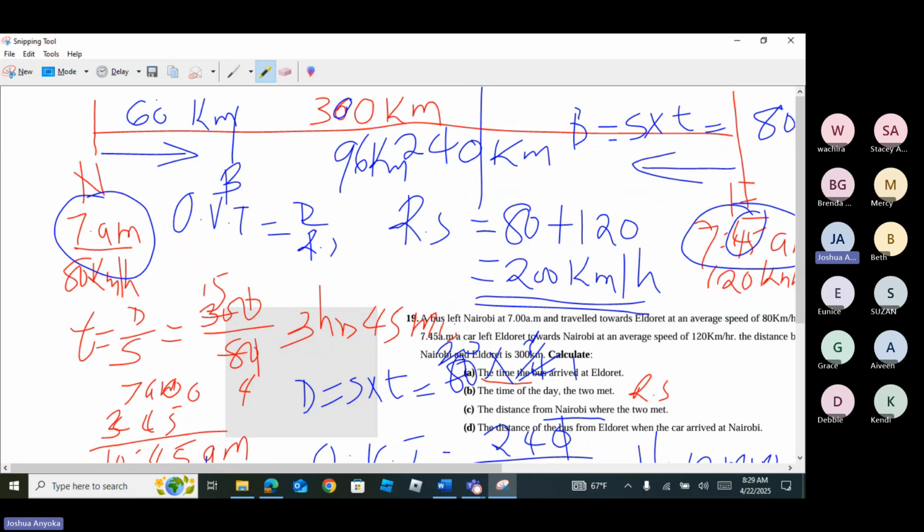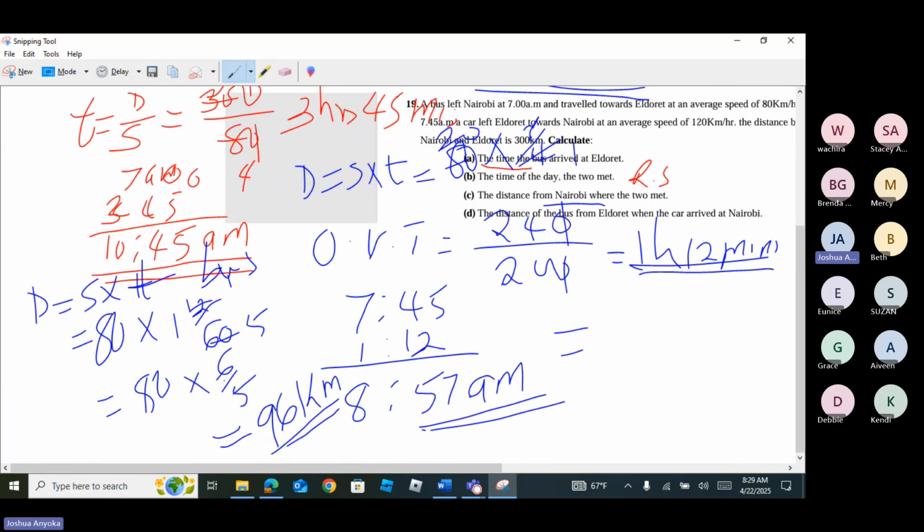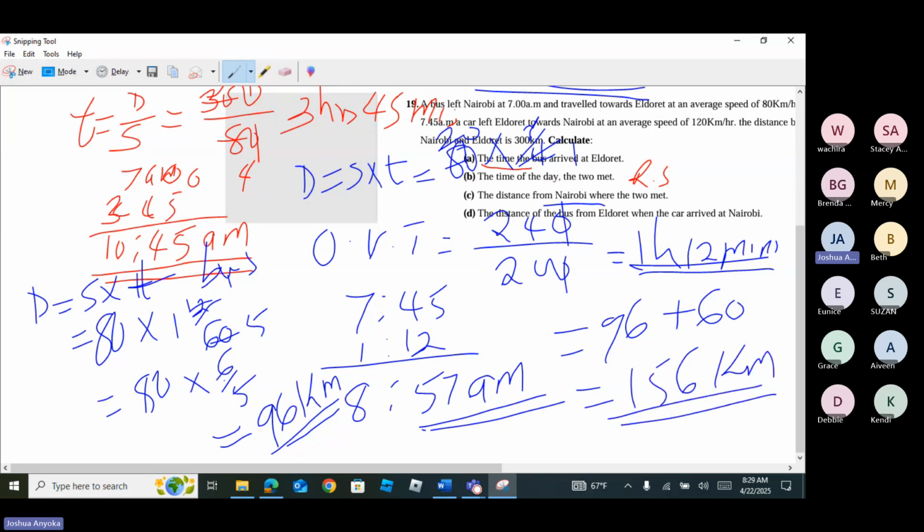So we have the 60 kilometers that initially the bus moved from Nairobi, and then we have the 96 kilometers that the bus has moved in 1 hour 12 minutes. So in total, the distance will be 96 plus 60, which gives us 156 kilometers. That is the distance from Nairobi to where the two vehicles will meet.